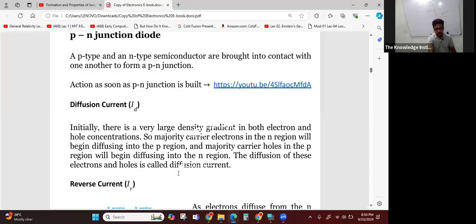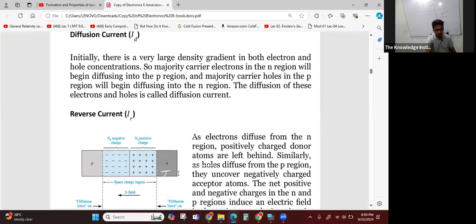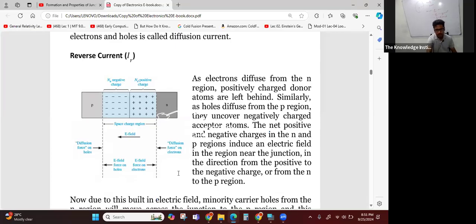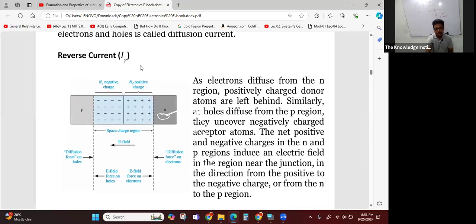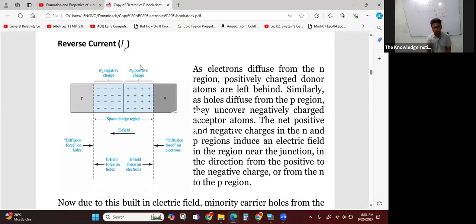Okay, so write down reverse current. We can symbolize it as IR. Here, as electrons diffuse from the N region, positive charge donor atoms are left behind, right?